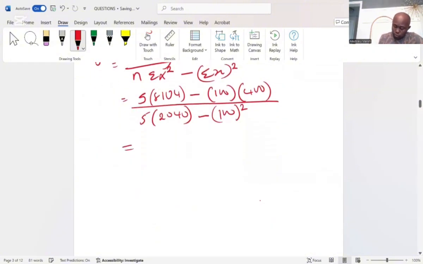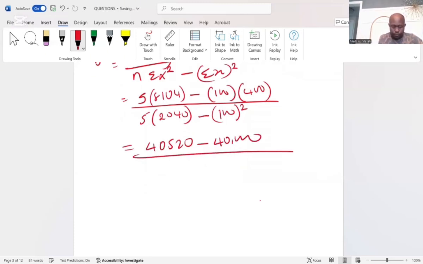If we want to substitute further, we go 5 multiplied by 8104. This will give me 40,520 minus 40,000, that is 400 times 100. And 5 times 2,040 will give me 10,200 minus 10,000, that is 100 square.